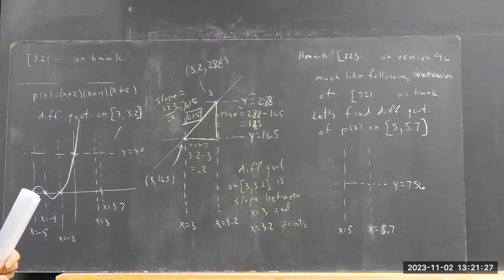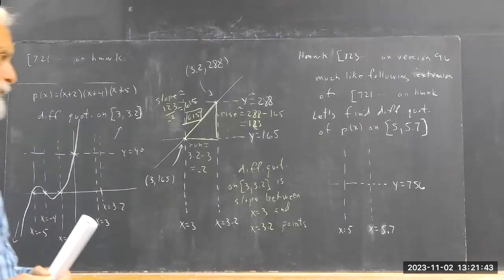7 times 9 is 63. I used 12 here instead of 10.